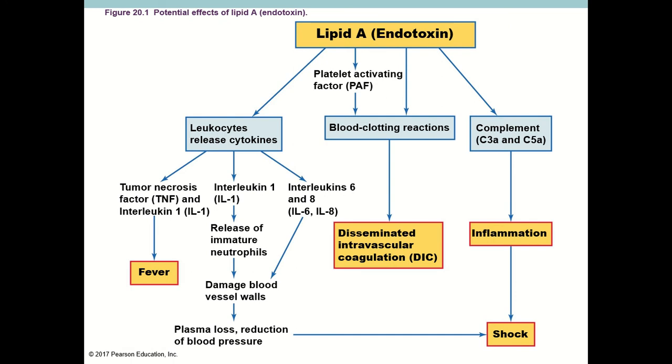So if that's activated by lipid A endotoxin, then inflammation sets in, which, if coupled with DIC and fever and systemic blood pressure reduction, then the person will for sure go into shock.